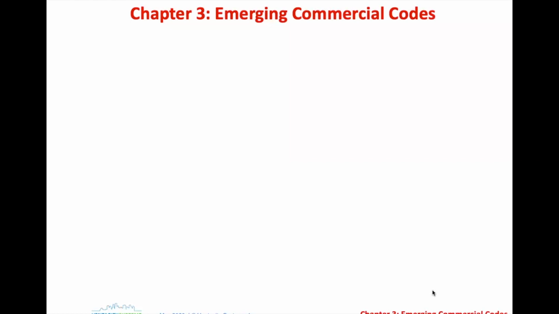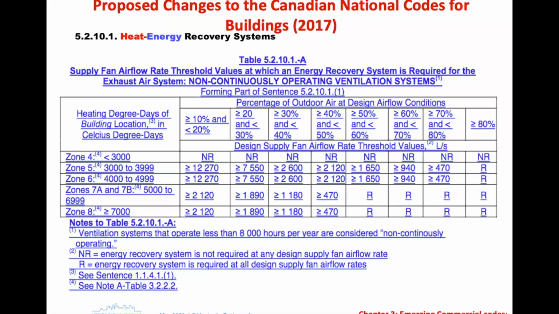So first, I'm going to just talk about Canada, and what they've done for the most part across Canada is commercial code. These charts look very complicated, but basically this is continuously operating ventilation systems. The requirement, the R in the bottom corner of that chart, is requiring heat recovery, energy recovery systems for outside air.